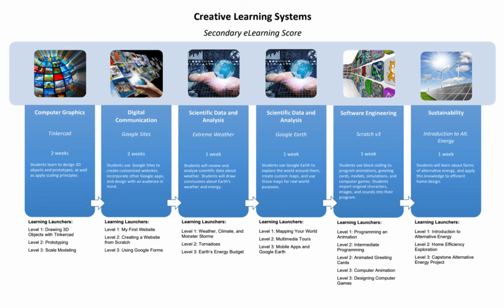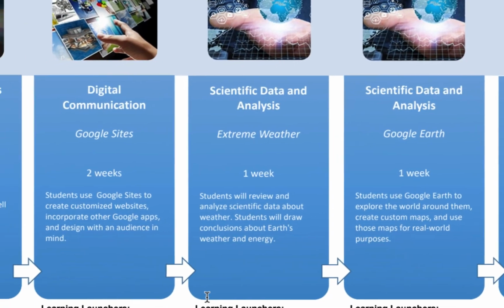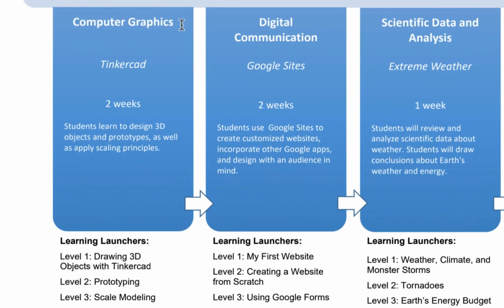For example, under Tinkercad, so Tinkercad is in computer graphics. That is the node or the circle that they would click on. It indicates the technology that they'll be using, how long it'll take, and a brief description. Now under here, this is a list of the curriculum accessible to them.